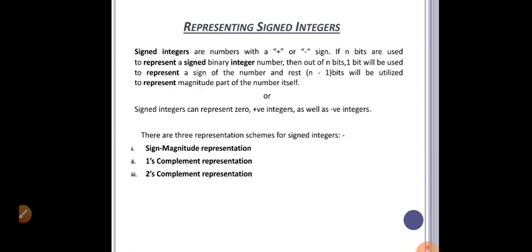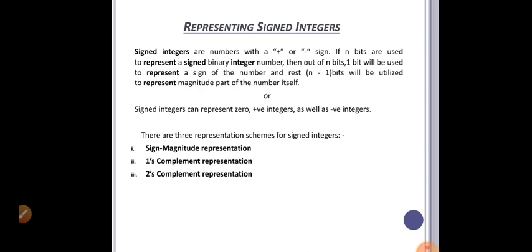Means a signed integer can represent 0, positive integers as well as negative integers, but 1 bit is reserved for the sign.